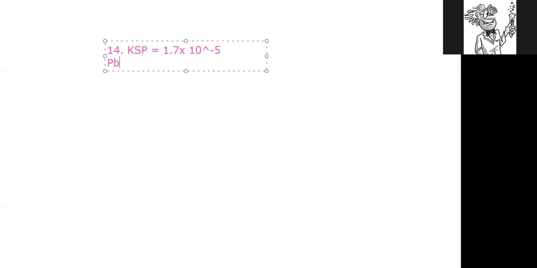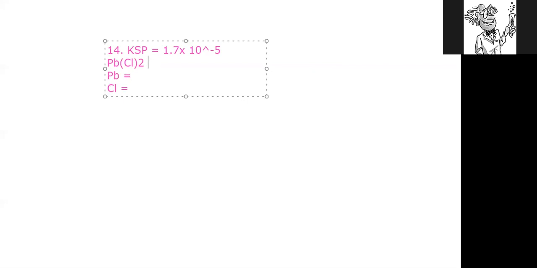So our compound is PbCl2. Do you agree? Yep. Perfect. So let's work out the S values for the ions. So firstly, let's write the equation.